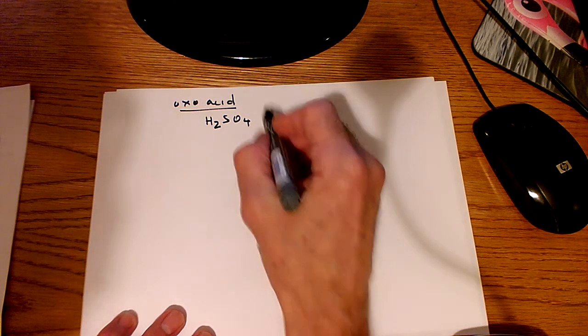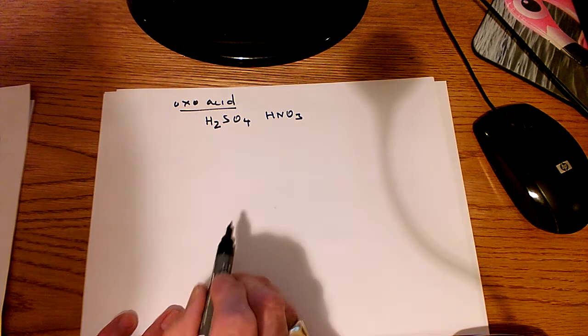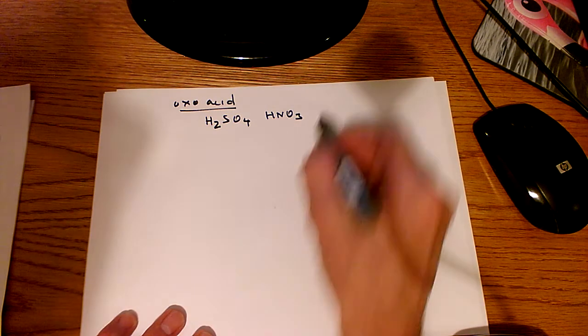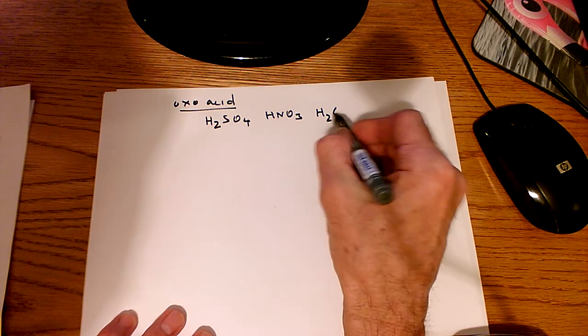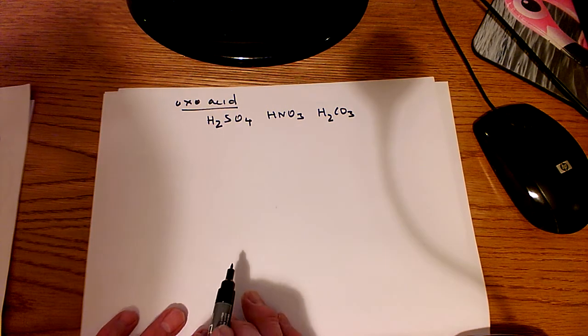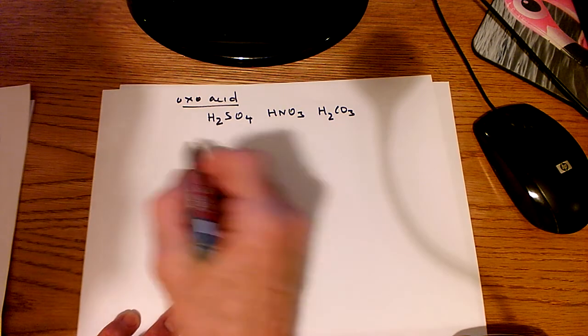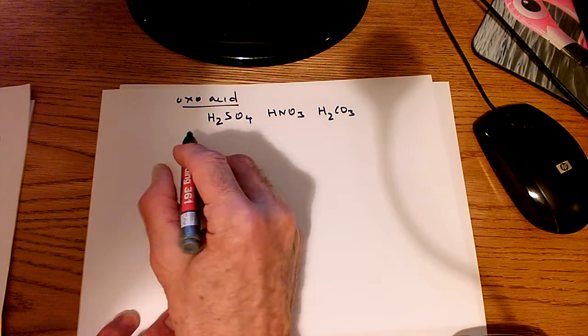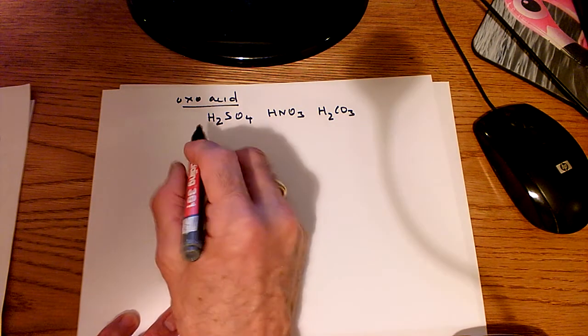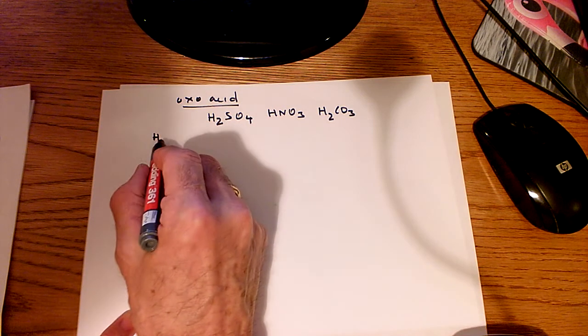Sulfuric acid, nitric acid, carbonic acid. Let me show you the structures and explain what we mean by oxo acid. So here is sulfuric acid.